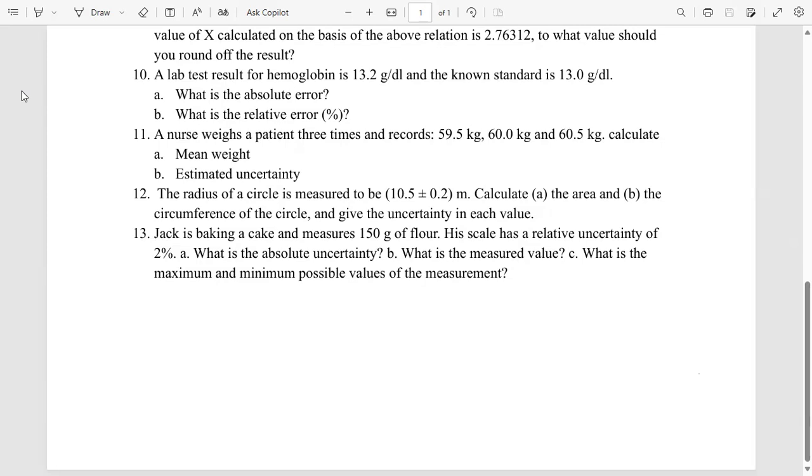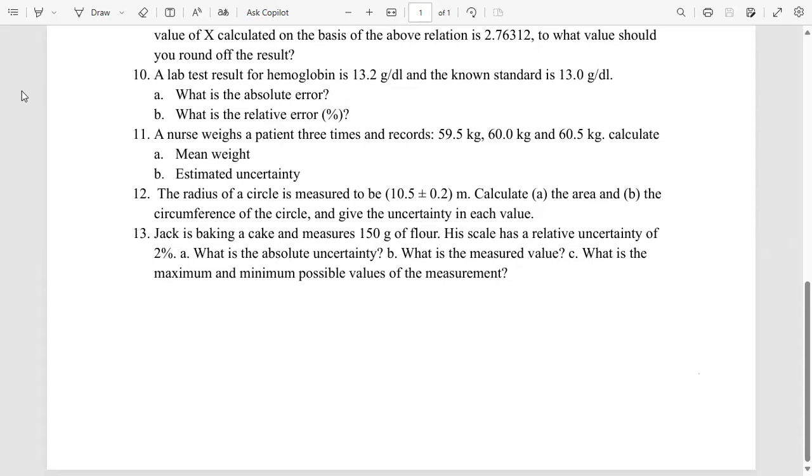So these are the things that we already talked about on Saturday: how to calculate absolute error, relative error, absolute uncertainty, and also relative uncertainty, which is also known as fractional uncertainty, and which can be turned into percentage uncertainty by multiplying by 100.